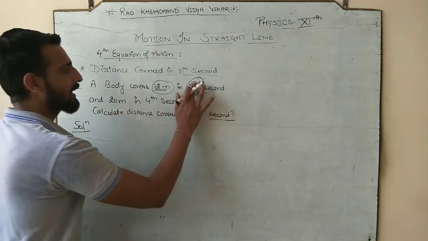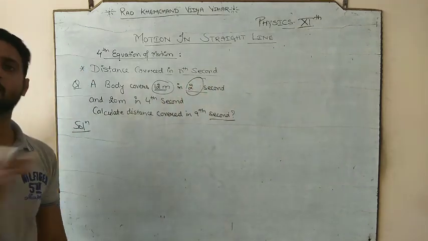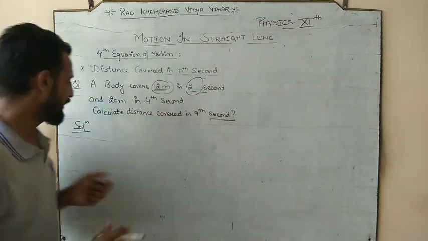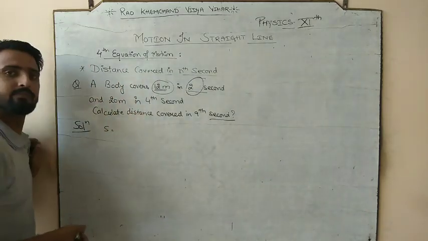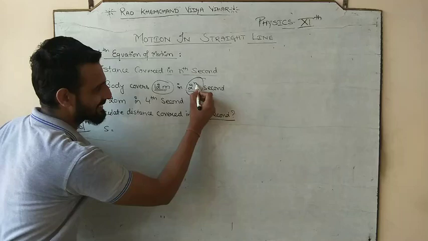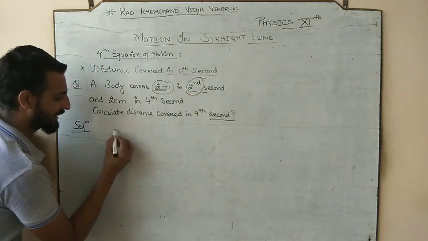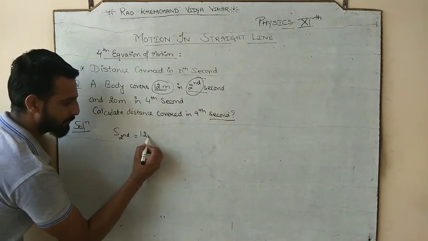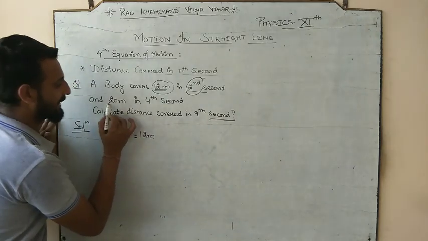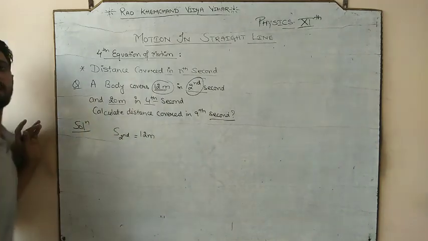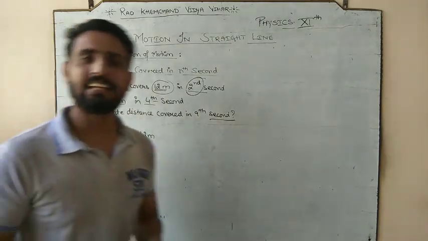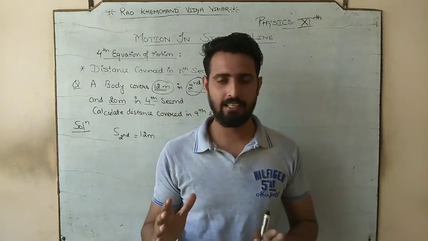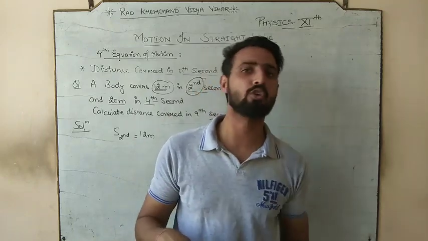If the teacher says a body covered 12 meter in 2 seconds, it would be S. But it is the 2nd second, so it is S2, S second is given as 12 meter. 20 meter in 4th second. As I discussed, there is a difference in statement: 20 meter in 4 seconds and 20 meter in the 4th second.